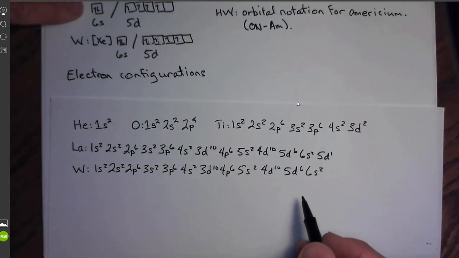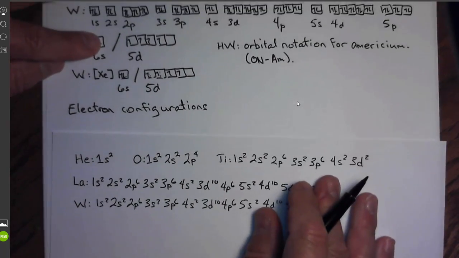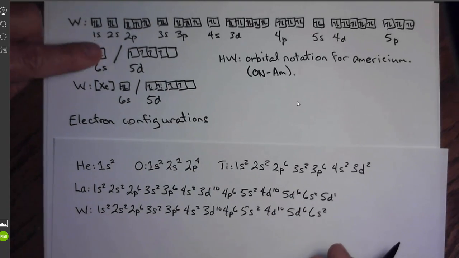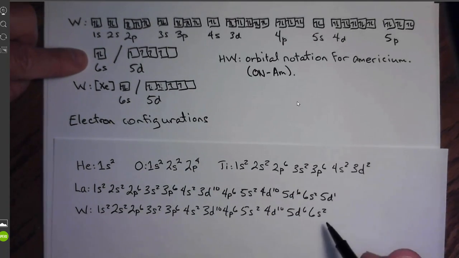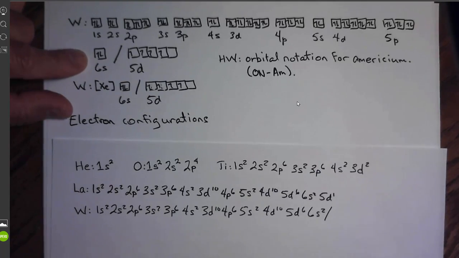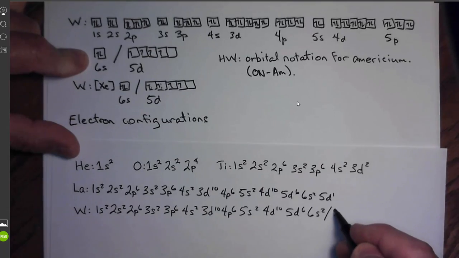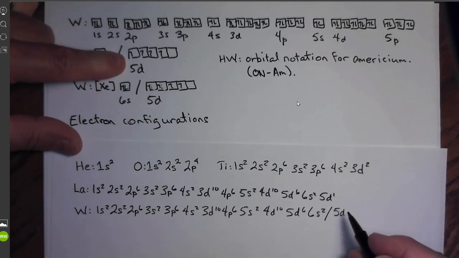And this is where we skipped over the F sublevel. Let me move this down, like when we're doing the orbital notation, okay? After 6s, we're going to put a slash in here, just like we did with orbital notation. And then we'll take, say, 5d, and there's 4 electrons there.